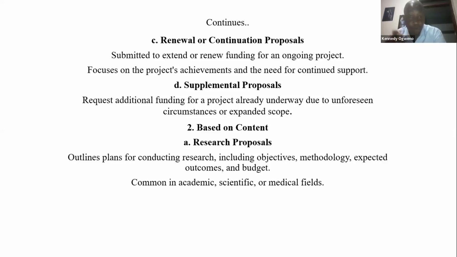Now, based on content, this is group 2, based on content. We have research proposals now. This one outlines plans for conducting research, including objectives, methodology, expected outcomes, and budget. Now, this is the general proposal that we normally write. You want to conduct a certain study.